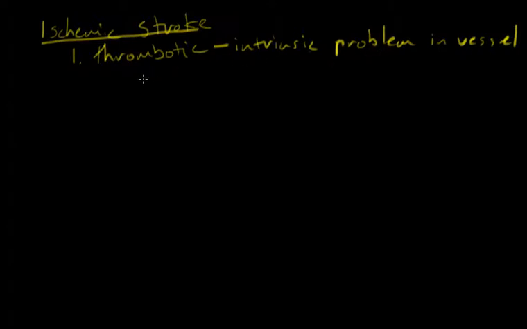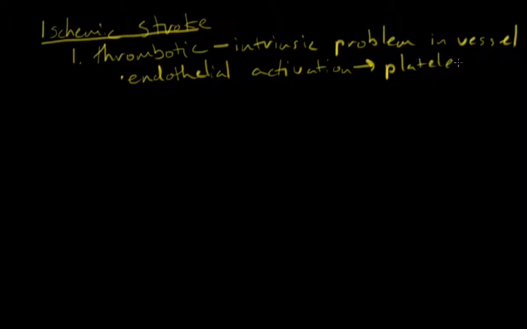vasoconstriction. One main example that I wanted to bring up that you might remember from your hematology and immunology classes is how endothelial activation can lead to platelet aggregation, which can in turn interact with fibrin molecules.